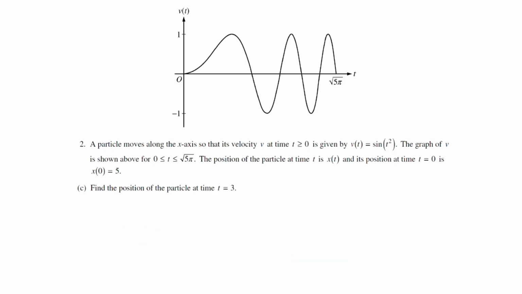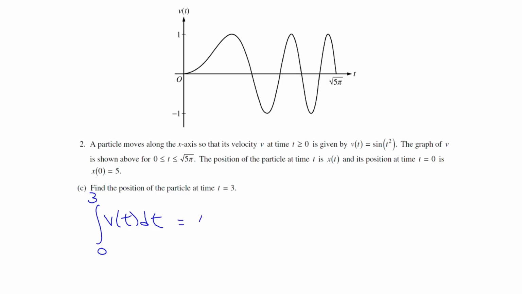In part C, it wants us to find the position of the particle at t equals 3. Well, we can find displacement by integrating velocity. So we know that the particle at 0 is at 5, right? So if we integrate from 0 to 3 the velocity function, that should tell us the displacement of the particle on the interval from 0 to 3, right?